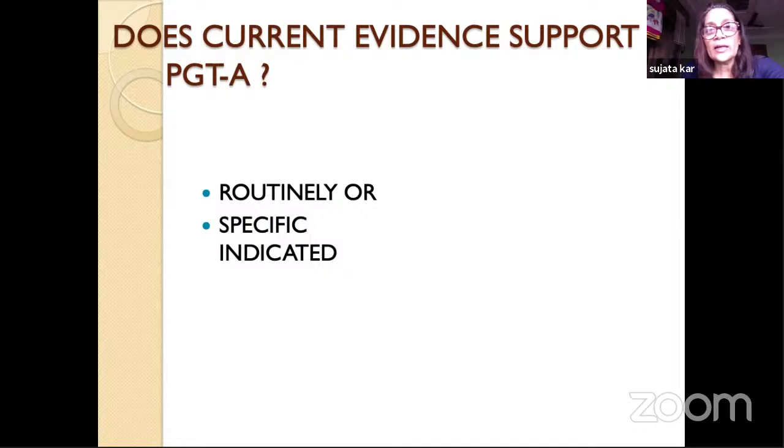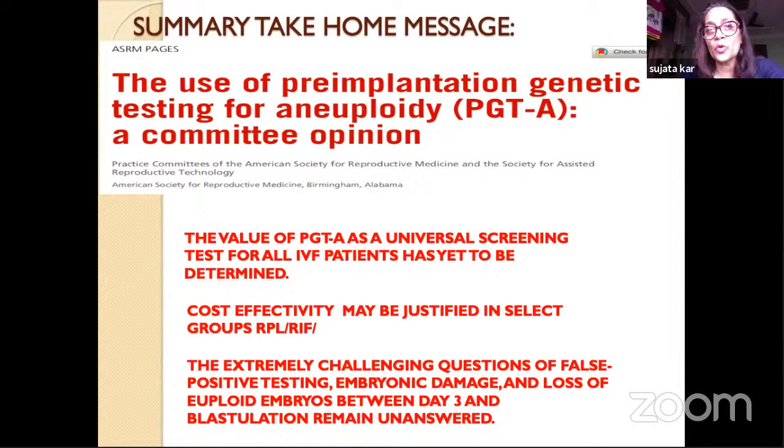So does the current evidence support PGTA, whether for routine use or when it is used for a specific indication? I am going to quote the summary take-home message from the ASRM committee report on PGTA. The value of PGTA as a universal screening test for all IVF patients has yet to be determined, whether it should be routinely used for all IVF patients.